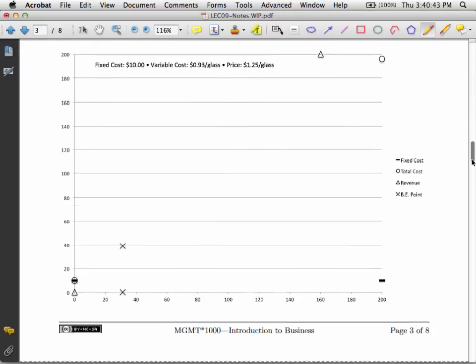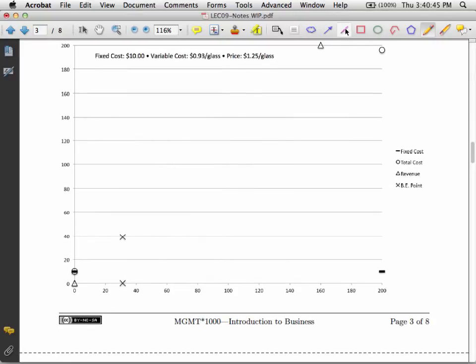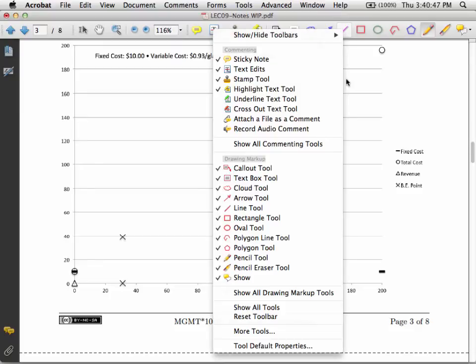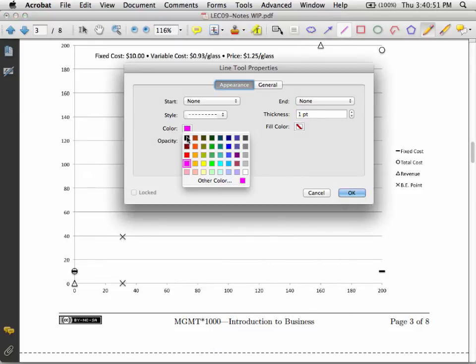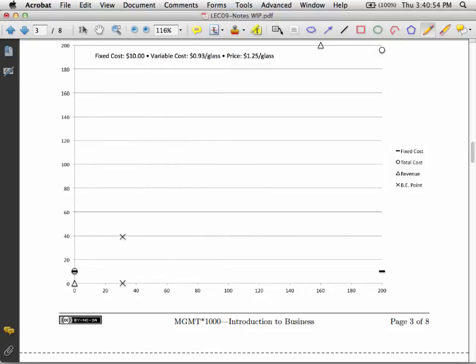And again, we can connect the dots. So let's draw the same lines on there that we had before. We will start with our fixed cost line, and I'm not going to go into as much detail because you've seen it on the previous one where we went into lots of details.